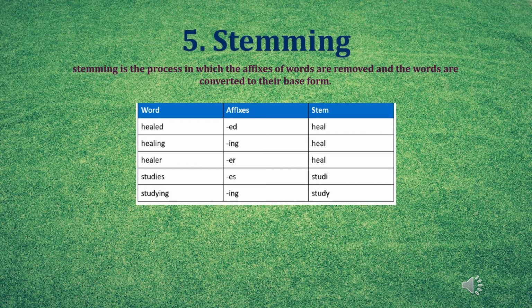Hence, in this example, as you can see, healed, healing, and healer all were reduced to heal, but studies was reduced to studi after the affix removal, which is not a meaningful word. Stemming does not take into account if the stemmed word is meaningful or not. It just removes the affixes, hence it is faster.